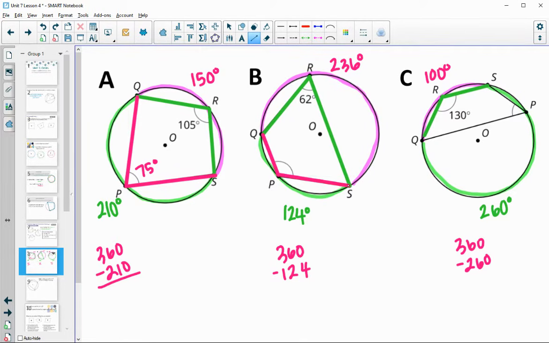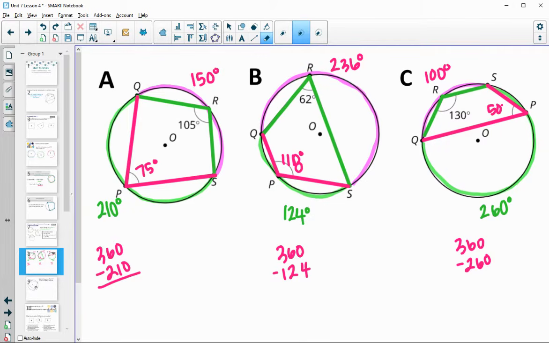QPS here again intercepts that 236 degree arc. So divide that by 2 and we will get 118 degrees. And then this final one is intercepting the 100 degree arc, so divided by 2 should give us 50 degrees for that angle.